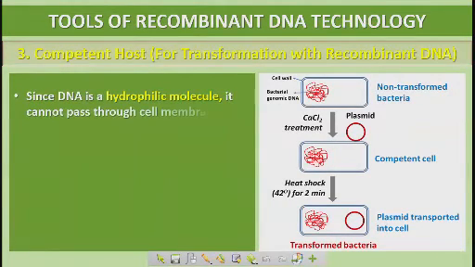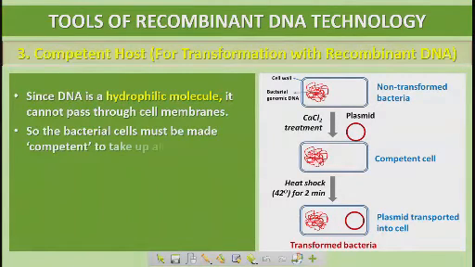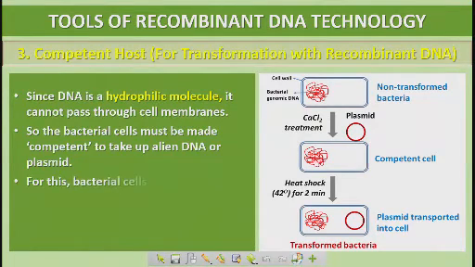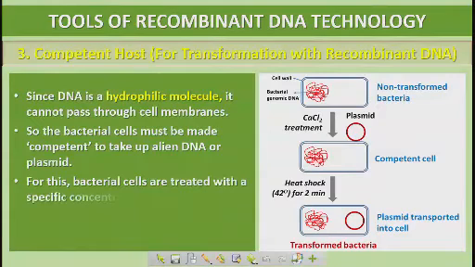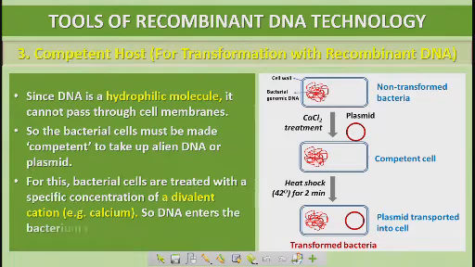Since DNA is a hydrophilic molecule, it cannot pass through cell membranes. So the bacterial cells must be made competent to take up alien DNA or plasmid. For this, the bacterial cells are treated with a specific concentration of a divalent cation, for example, calcium.